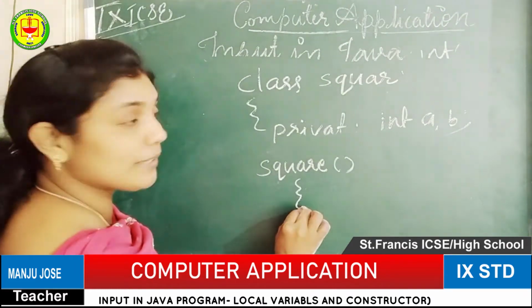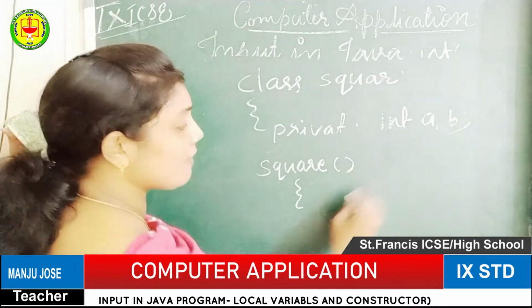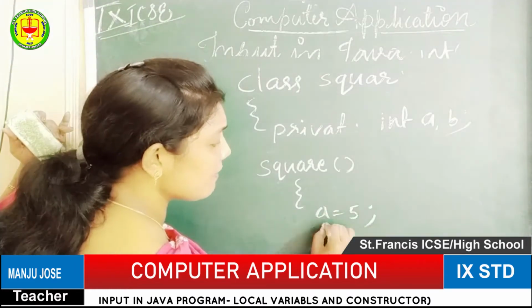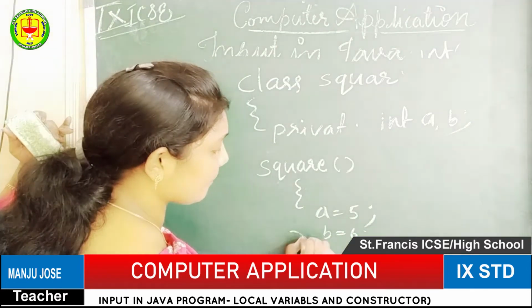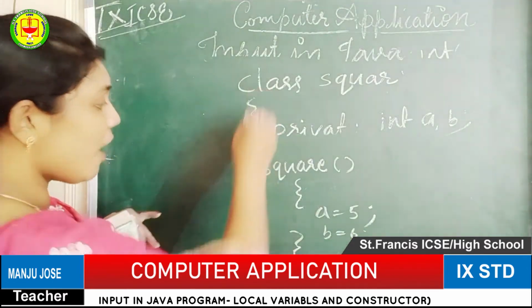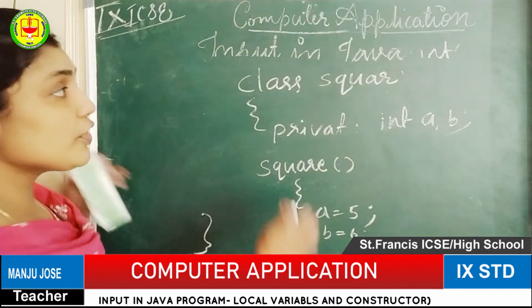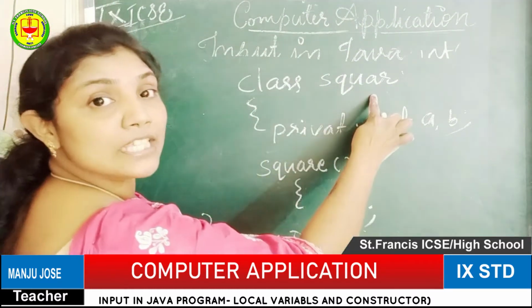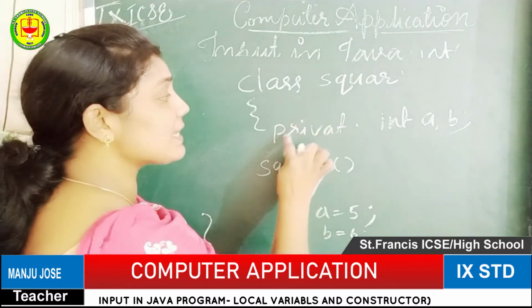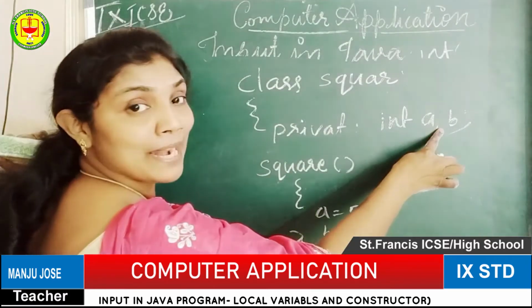Then you open the bracket: A equal to 5, B equal to 6. Then you close the class. Observe that the name of the class is square, and inside the class I have declared two private variables, A and B.